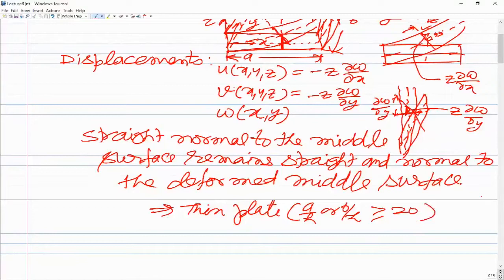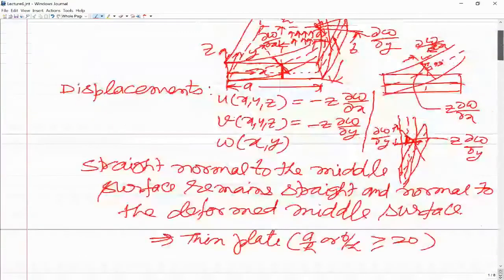In that plate, the straight normal to the middle surface will remain straight and normal to the deformed middle surface after the application of the loads. So in that case, we can express the displacement in this manner. This is known as classical plate theory, or classical Kirchhoff plate theory.